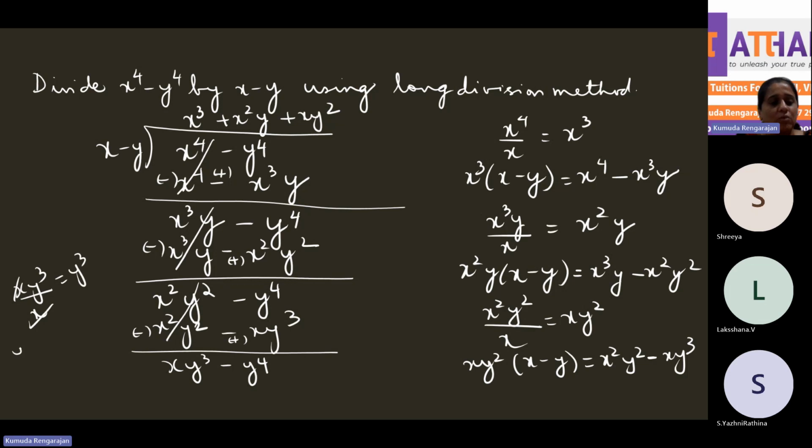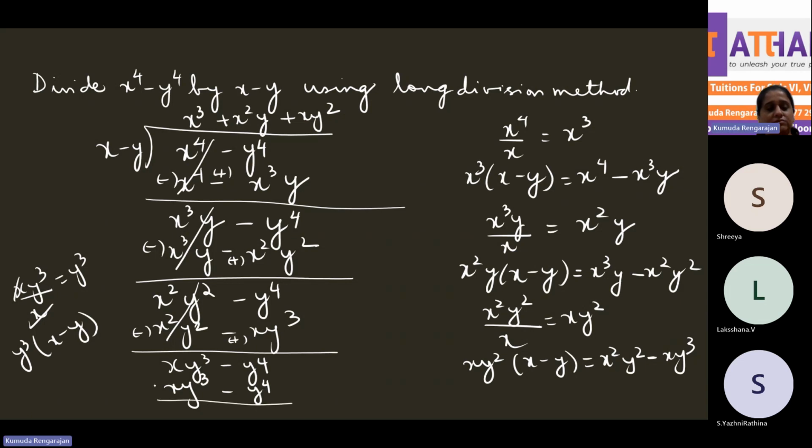Now we need to multiply y cubed with the divisor x minus y. Everywhere we are multiplying with the divisor x minus y. So that will give you x into y cubed is xy cubed, minus y cubed into y is y to the power 4.